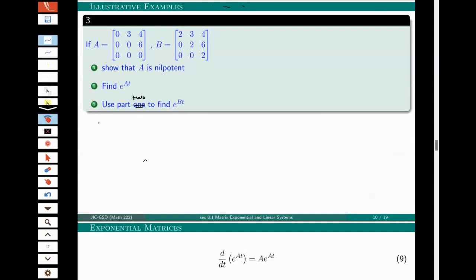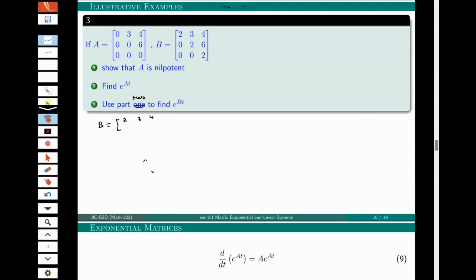Which means actually we would like to write b, which is equal to 2 3 4 0 0 6, and here 0 0 0. We will write it as, sorry, that's not b.